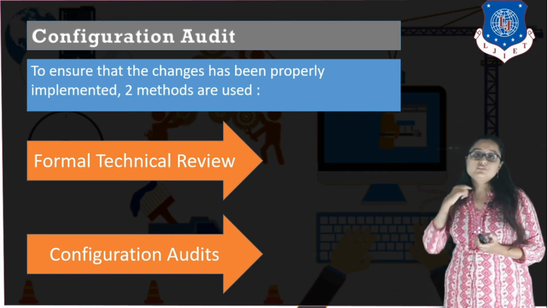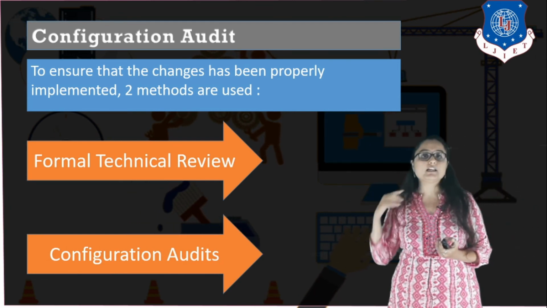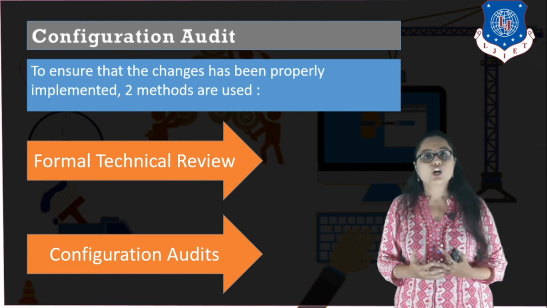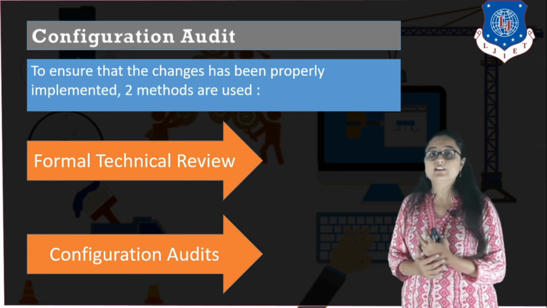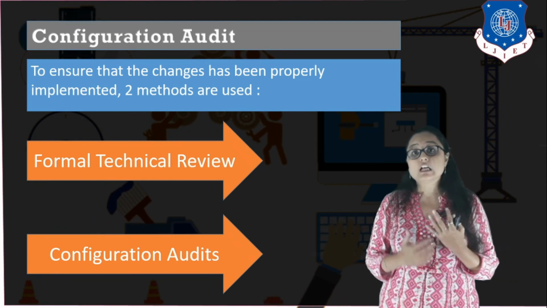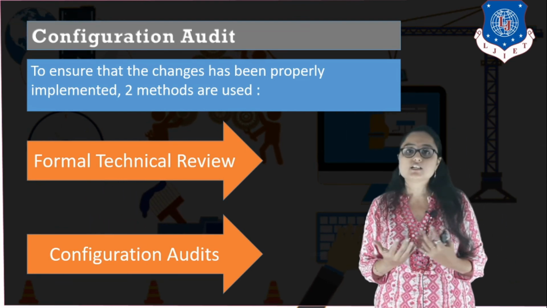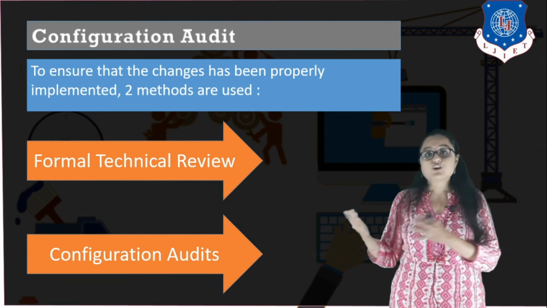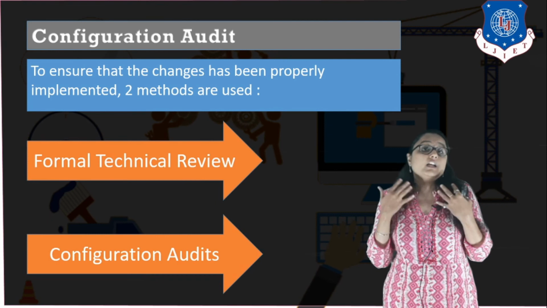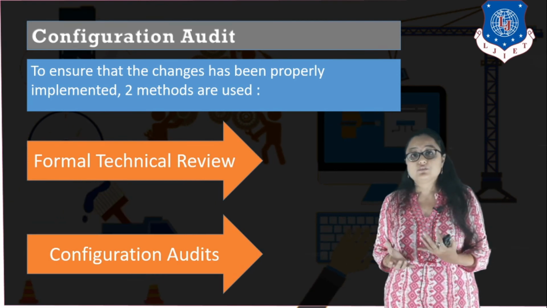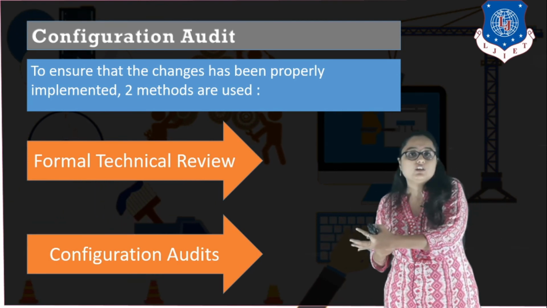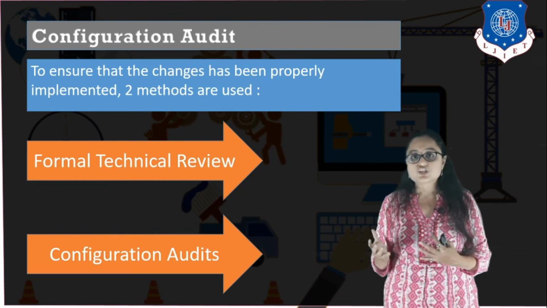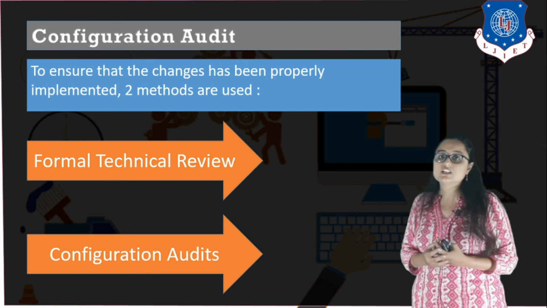And the next is configuration audit. Configuration audit is checking all the things that FTR has not actually checked, right? So configuration audit is checking whether the change is done in the correct version or not, because there is a possibility that if there are multiple versions of the software, each consisting of similar configuration items, I check out something from one version, make a change in a different version and commit in a different version, right? So is there a mismatch in this versioning? That is what configuration audit is checking.